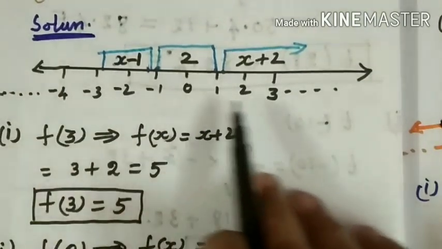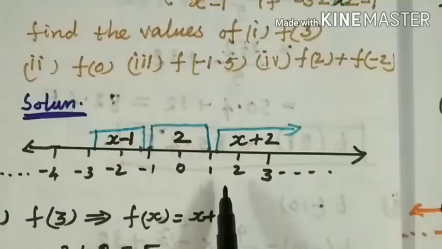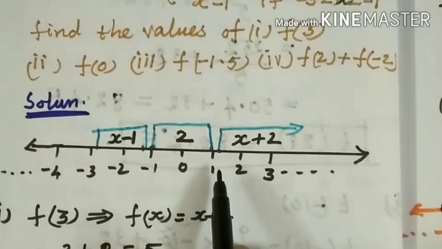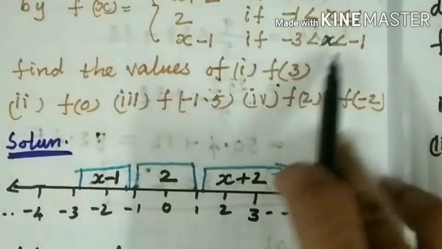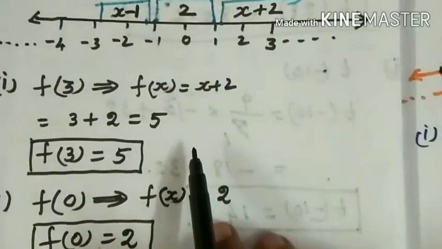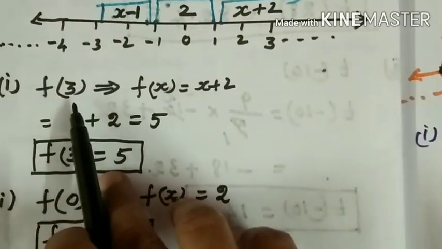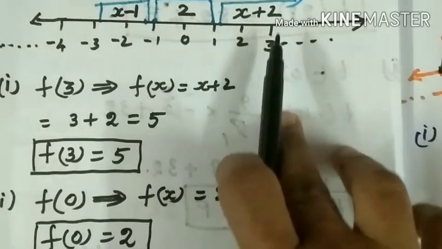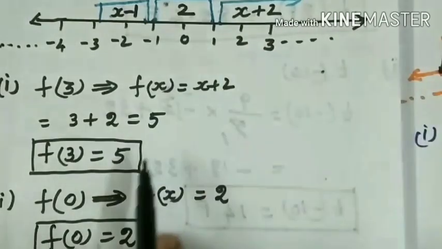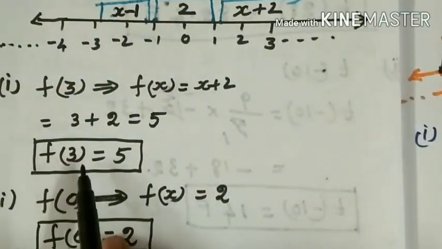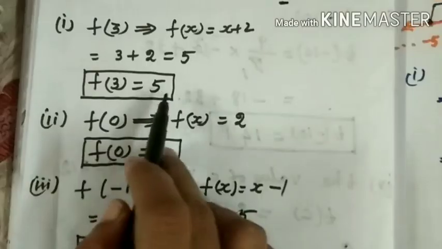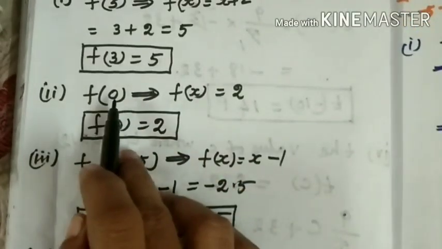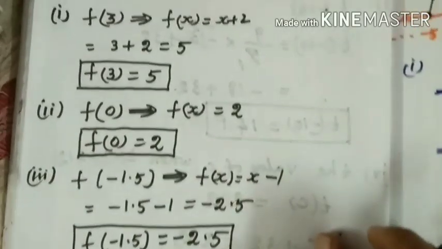First you draw a number line and mark the intervals which are given in the question. Then come to the first subdivision, f of 3. 3 lies in the third interval, therefore x plus 2, then we get the value of f of 3 equal to 5.